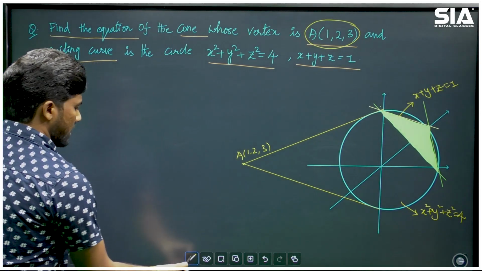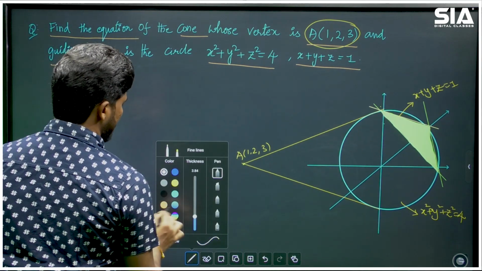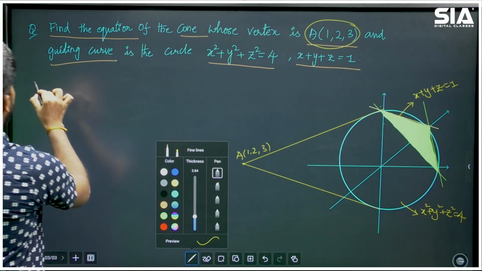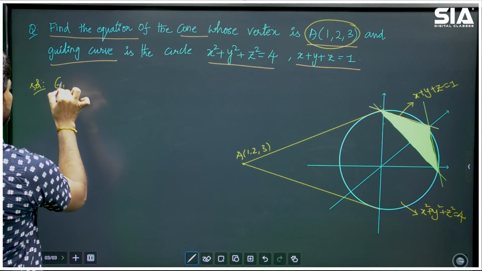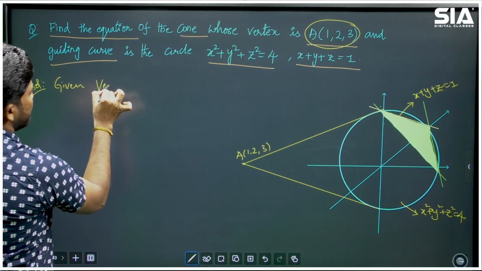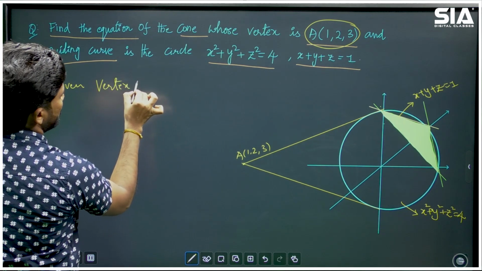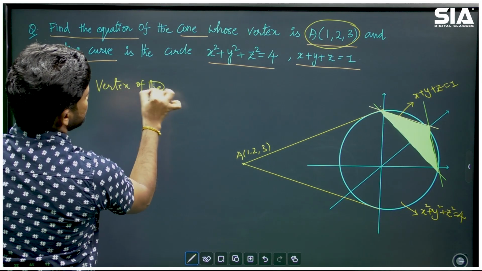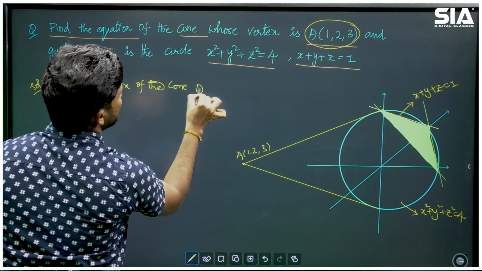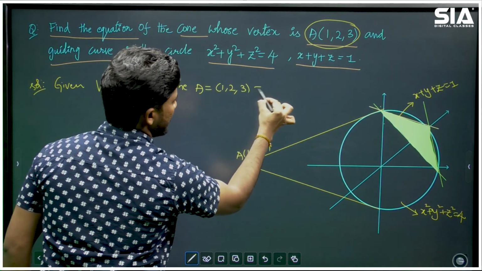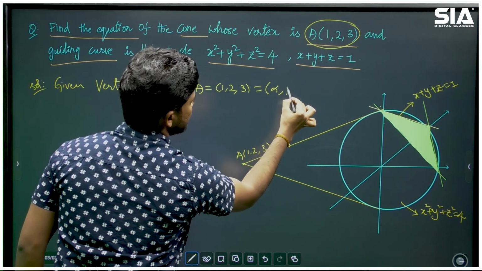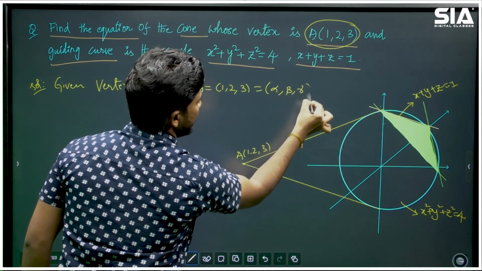First of all, I am writing the given vertex of the cone. The vertex of the cone is A = (1, 2, 3). In general we can denote this vertex as (alpha, beta, gamma).